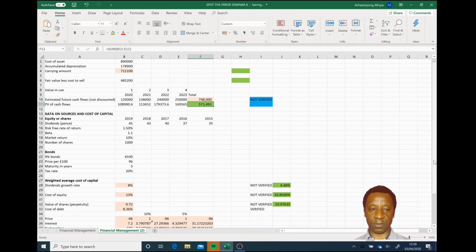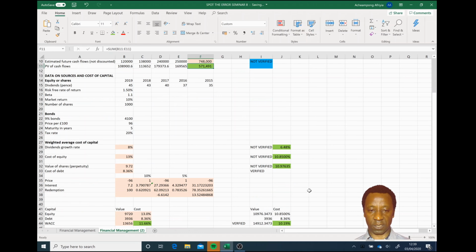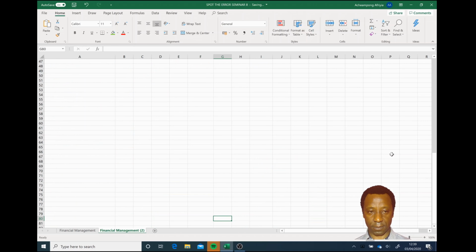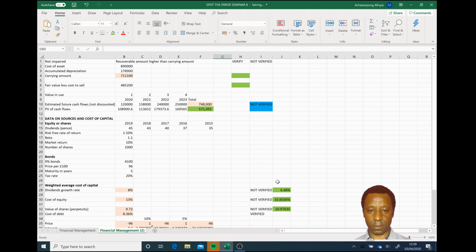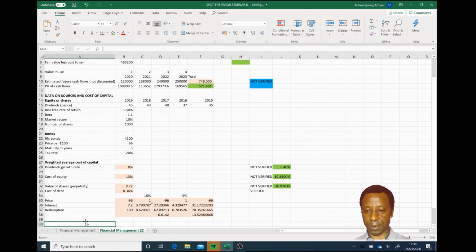So our ultimate decision, just go down on this working sheet, we'll go down and say we disagree. This is hanging up a bit, sorry.